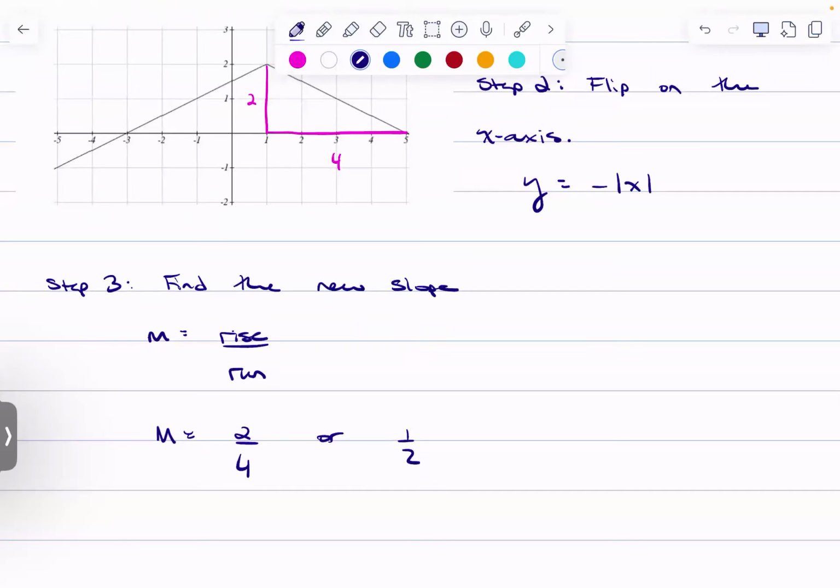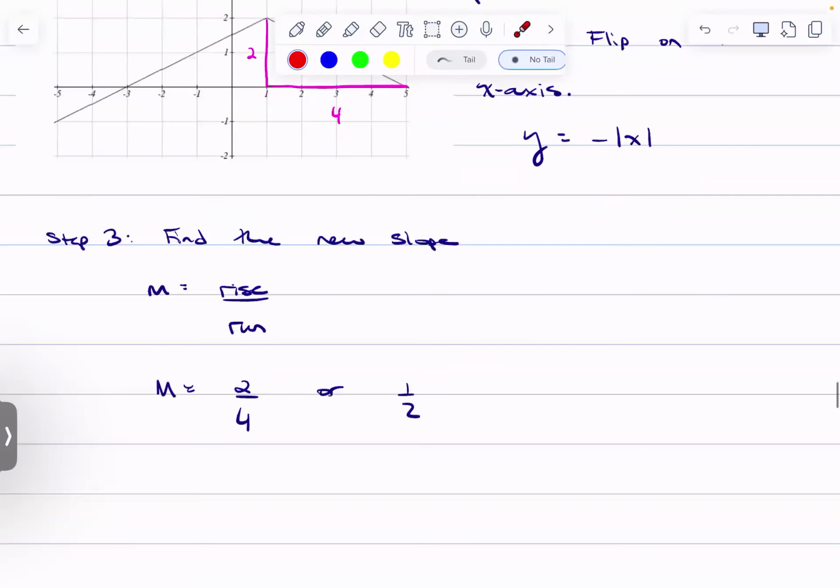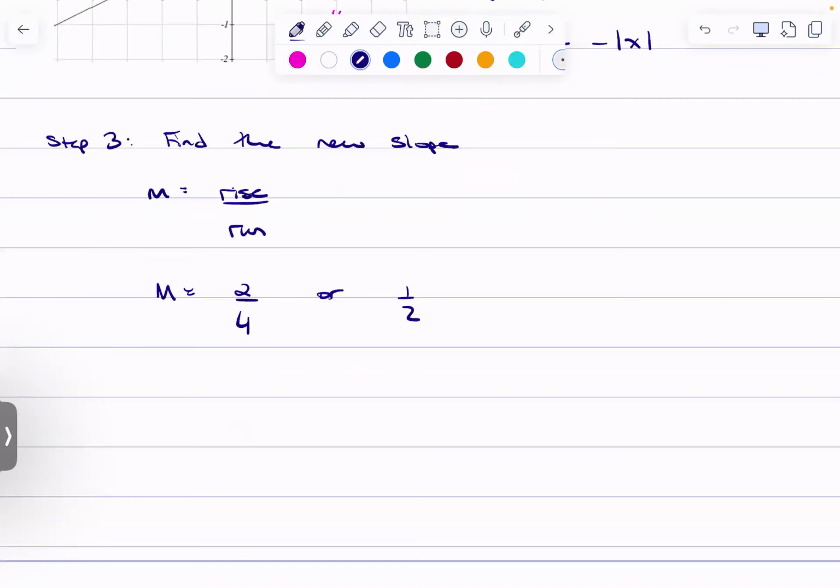Where does that go? In our y equals mx plus b. Then I've got this negative, and I'm just going to sneak it in here. Negative 1/2 times the absolute value of x. So then I'm at y equals negative 1/2 times the absolute value of x.